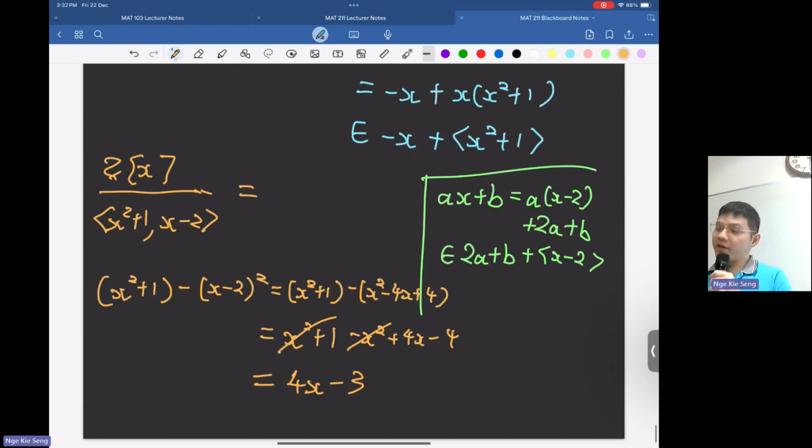Not very interesting yet, right? But now we can divide by x minus 2 again. So let's do the division by remainder. I get 4 times x minus 2, so I need to introduce a further 8 to compensate for the minus 2 times 4. And what do you see?